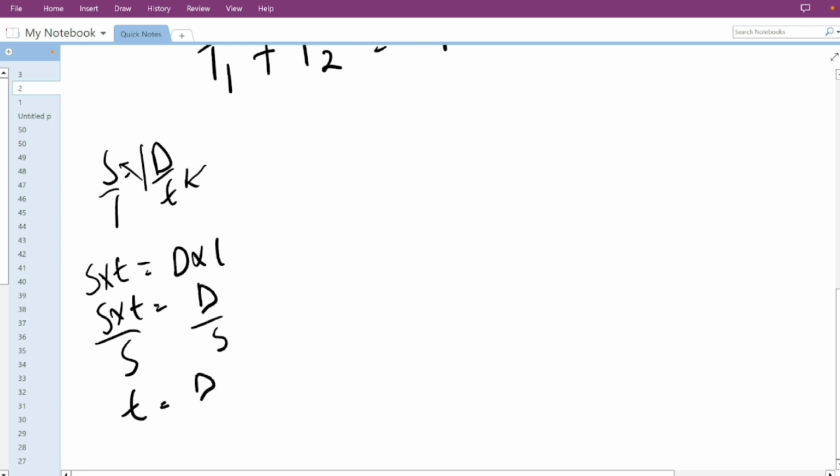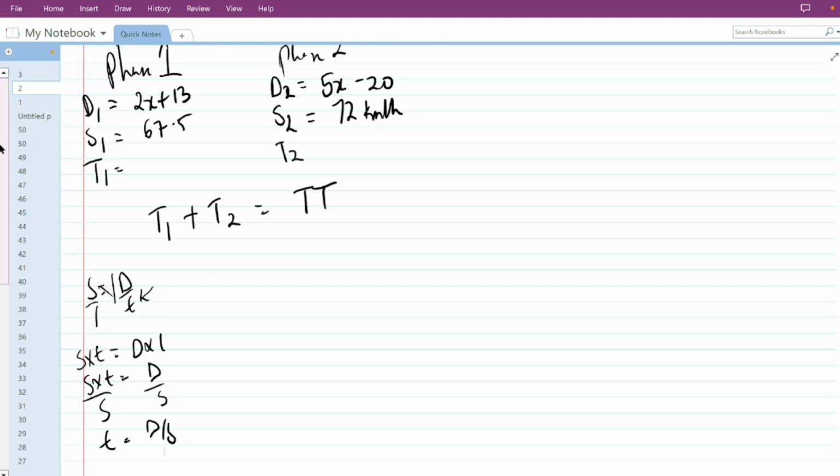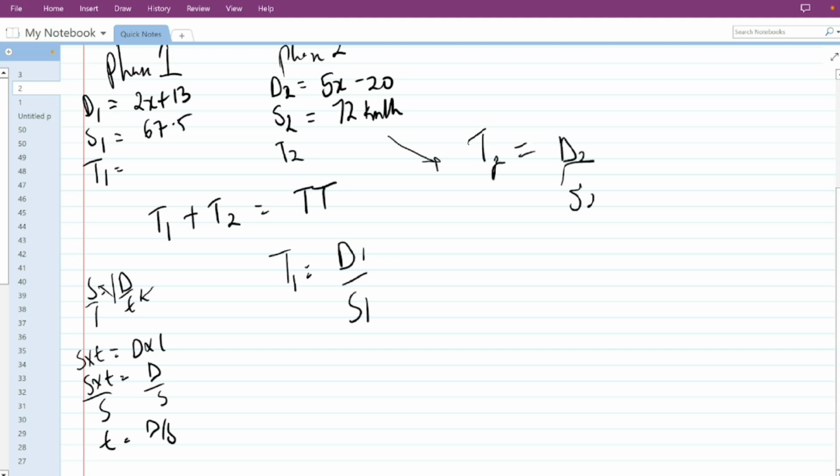So t is d over s. Now we go back to the original data from the word problem. To calculate t1, we have t1 equals d1 over s1, the first distance over s1. For the second part, t2 equals d2 over s2.